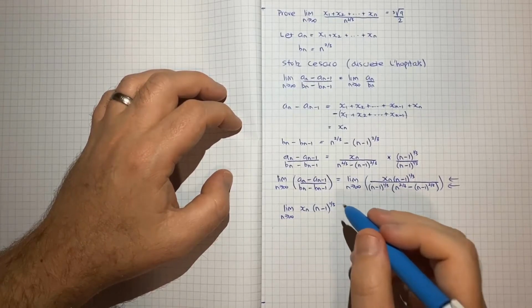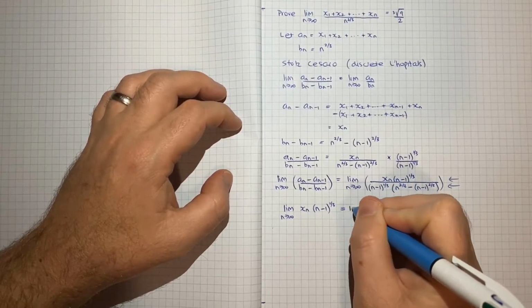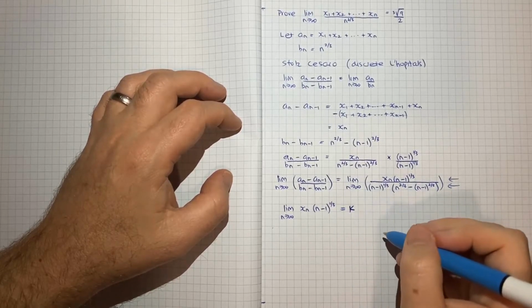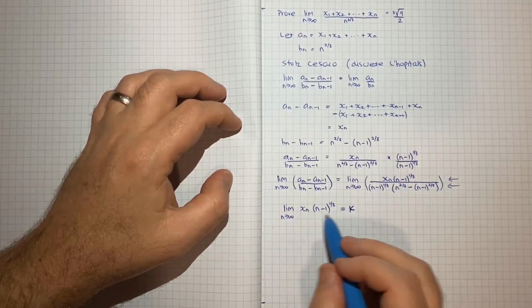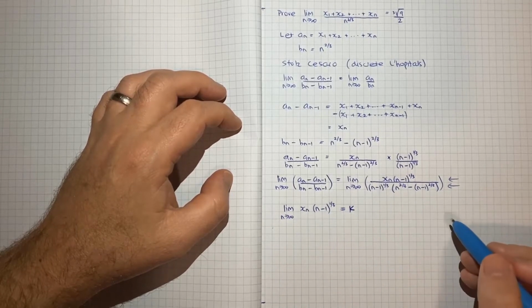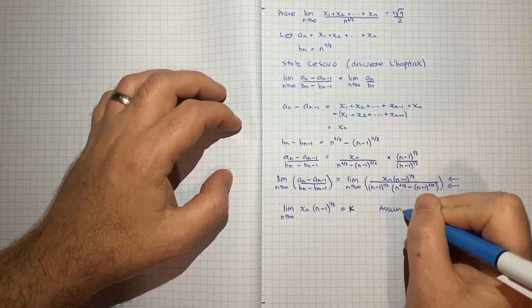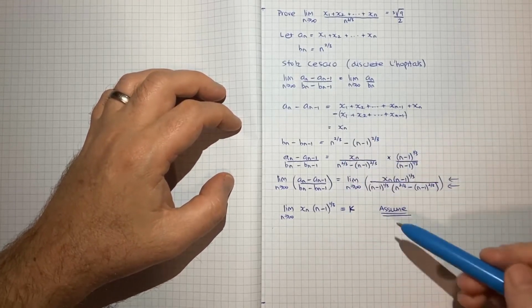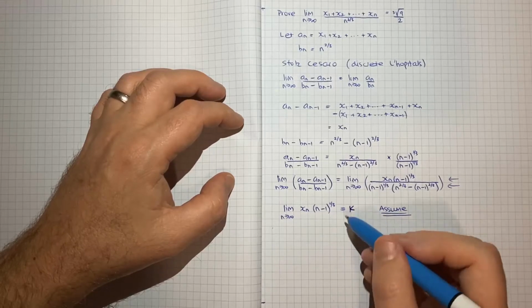And what I'm going to do is assume that that is equal to k, where k is some positive number. So we're assuming that this limit exists, and then we're going to continue on from there. The key word there is that we're going to assume, but really for this solution to be rigorous, we actually need to prove that this limit exists and that it's positive.